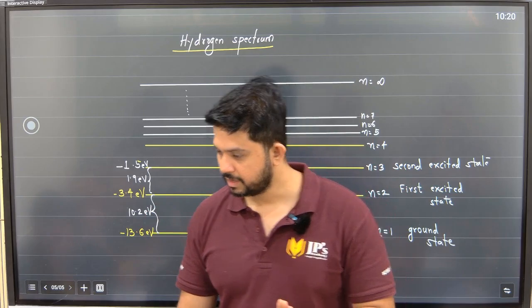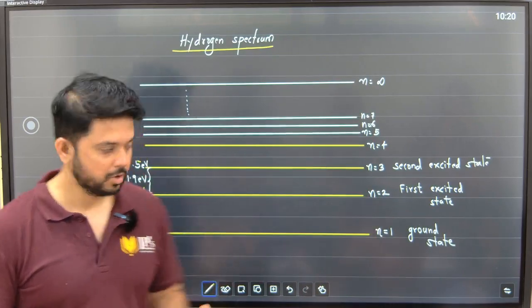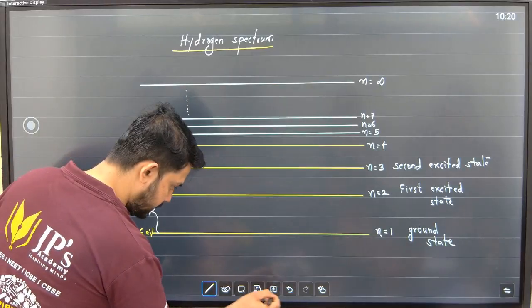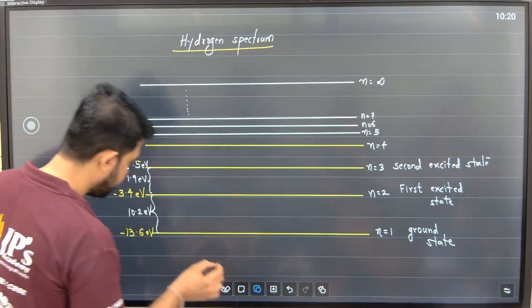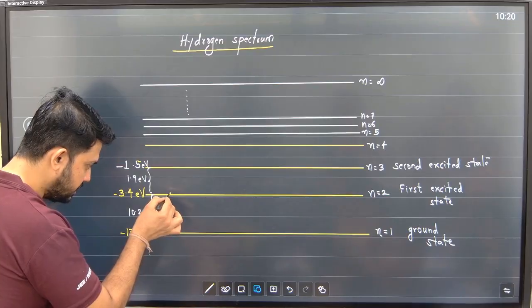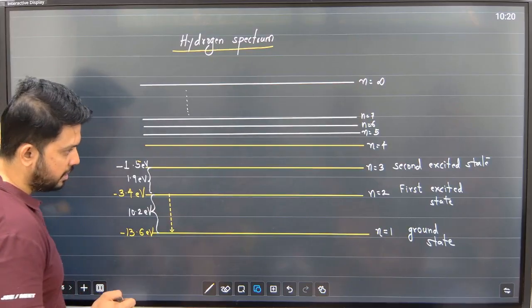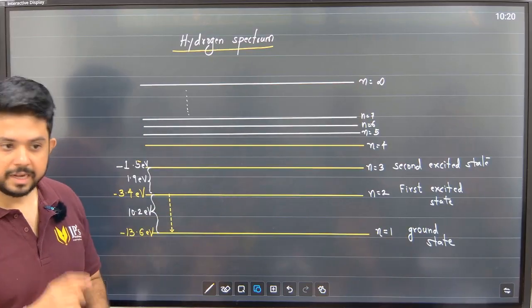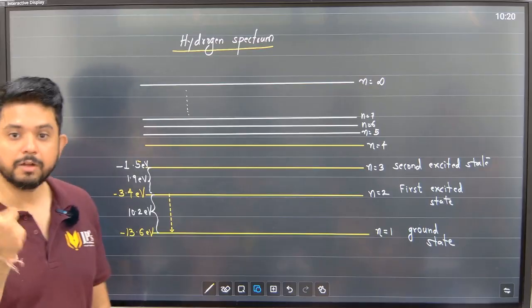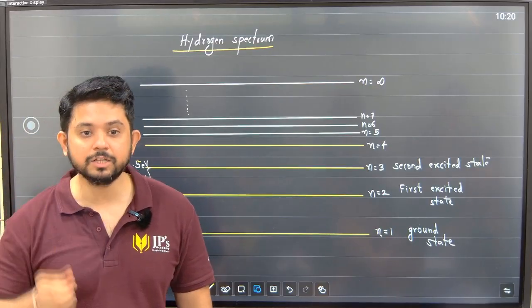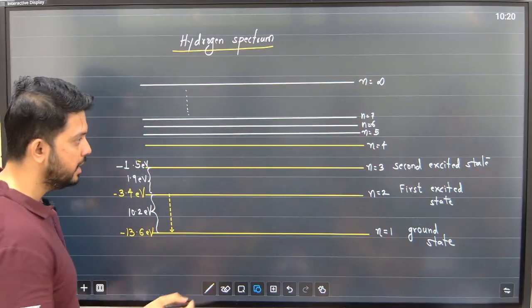With me till here? We are doing emission spectrum. What does emission mean? That the electron can jump from a higher energy level to ground state. When it does that jump, it releases a photon that might be in the visible range of the spectrum or might not be in the visible range.